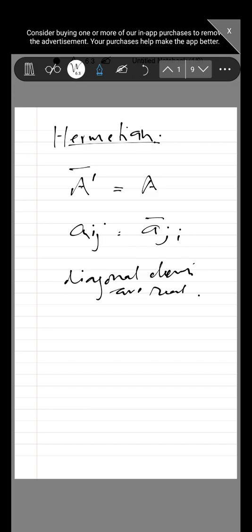Next is the orthogonal matrix. It has to be a square matrix first of all.